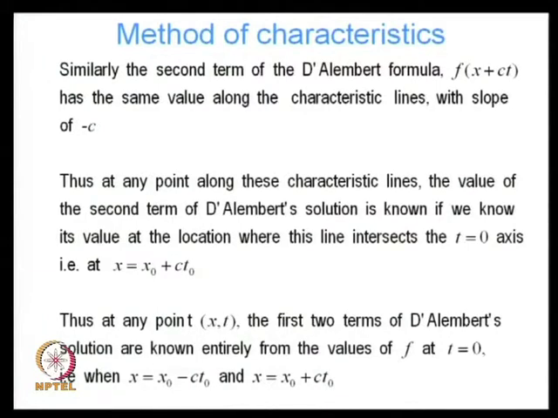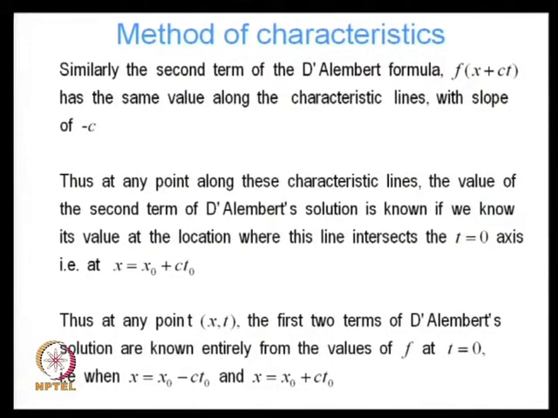Thus, at any point along these characteristic lines, the value of the second term of the D'Alembert solution is known if we know the value at the location where this line intersects the t equal to 0 axis, that is at x0 plus c t0. Thus, at any point x, t, the first two terms of the D'Alembert solution are known entirely from the values of f at t equal to 0, that is when x is equal to x0 minus c t0 and x is equal to x0 plus c t0.